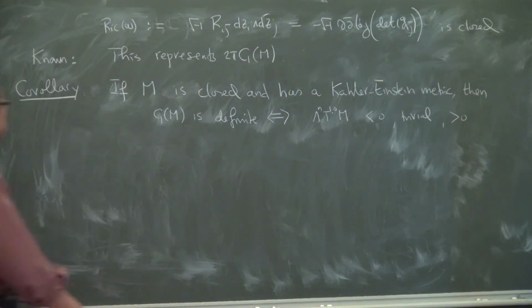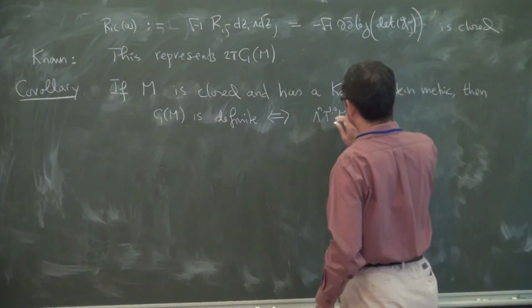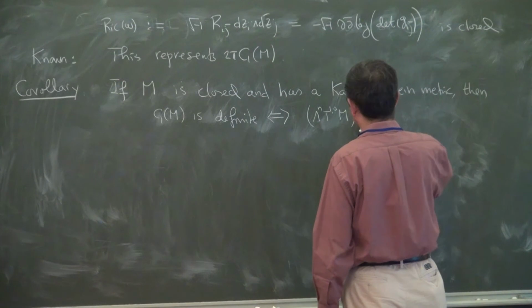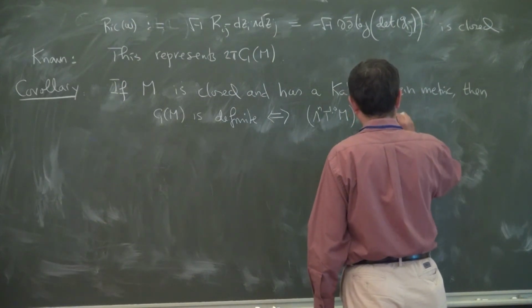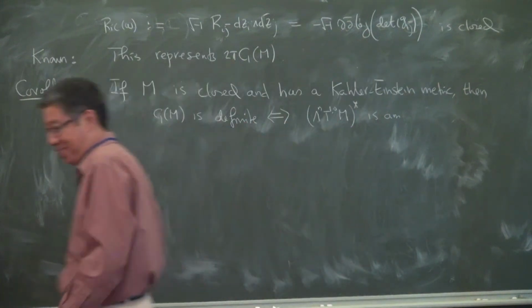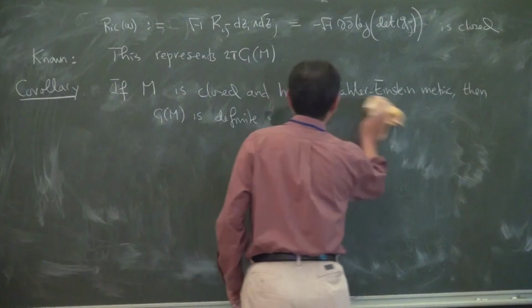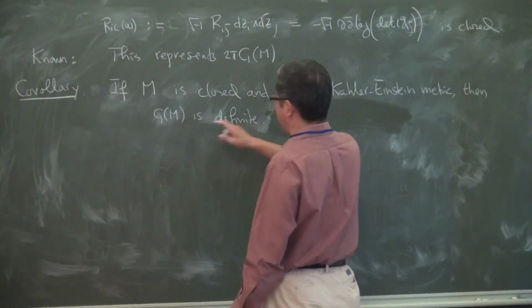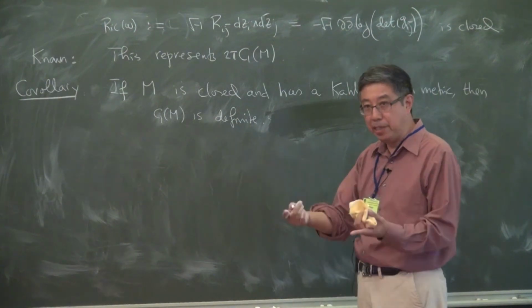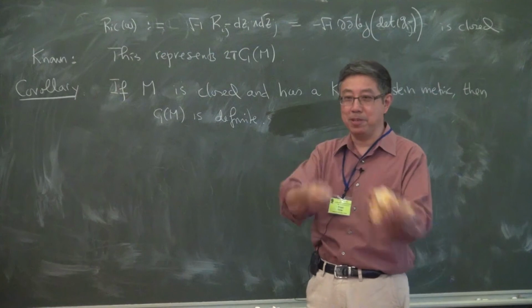So definite means, let's put it this way, the holomorphic tangent bundle, this so-called anti-canonical bundle, is ample. Definite means it can be represented by some two-form which is positive, negative, or 0.